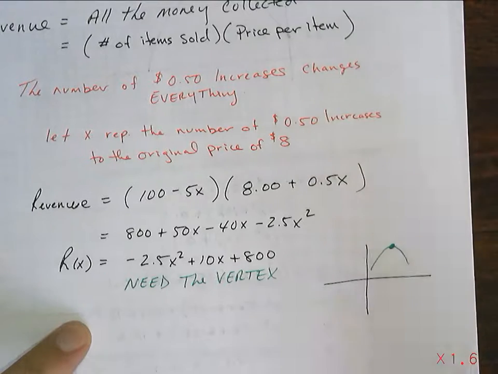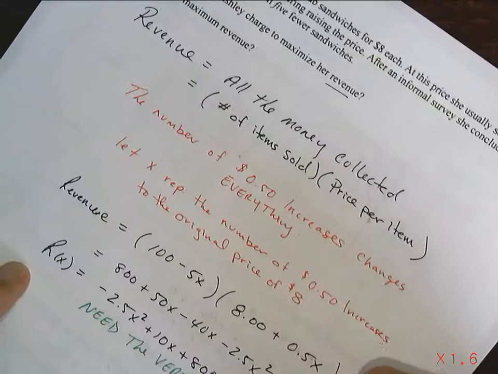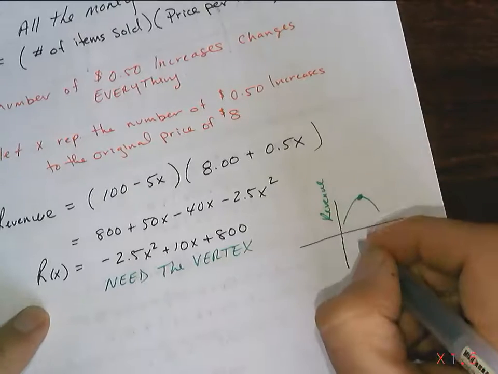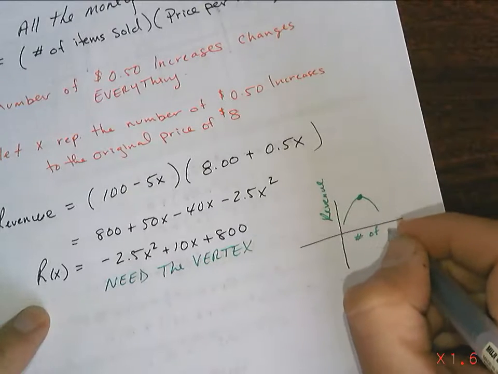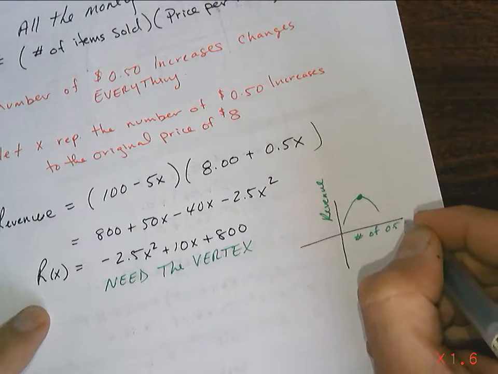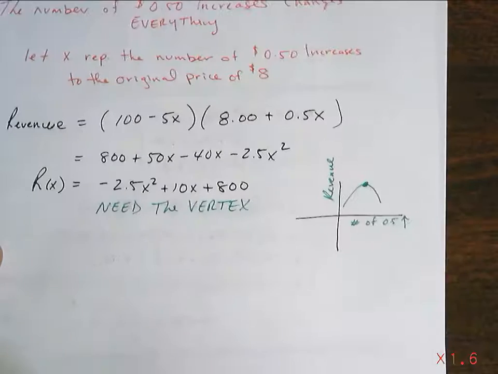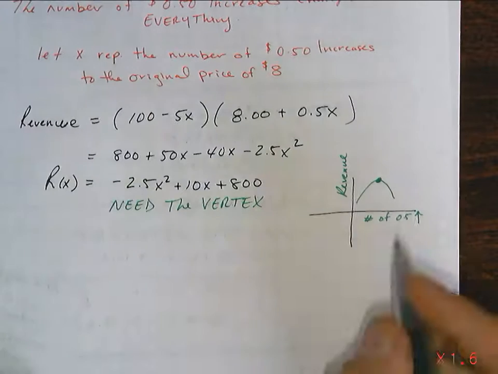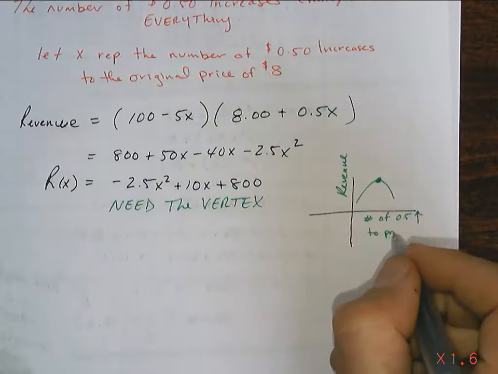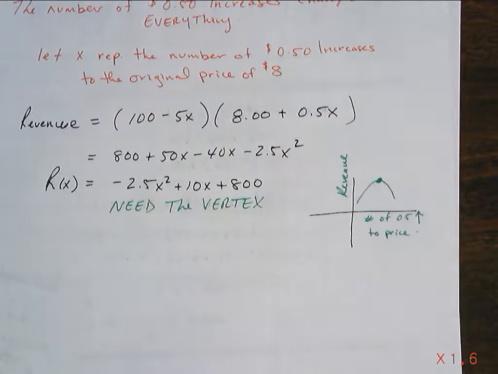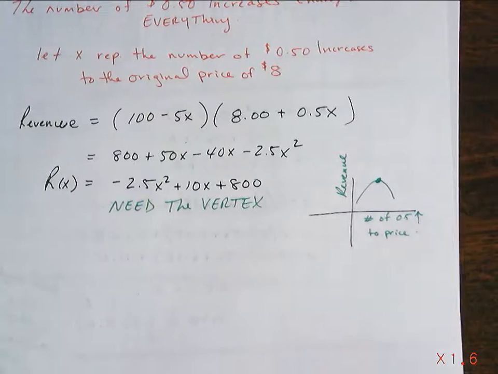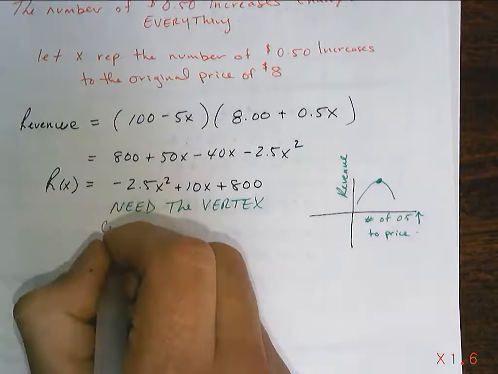And we're looking for that maximum where revenue is along here, and this is the number of 50-cent increases. I just use a little arrow sign to show increases to the price. So, we need to do that complete the square thingy, as it was so nicely said in class. So we're going to complete the square.